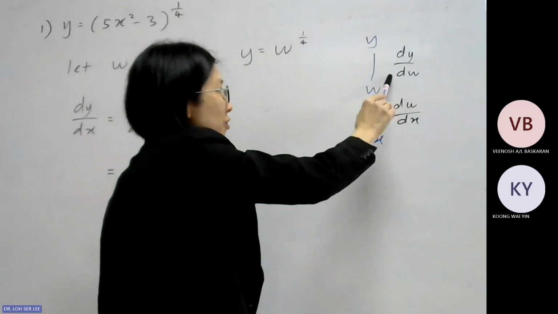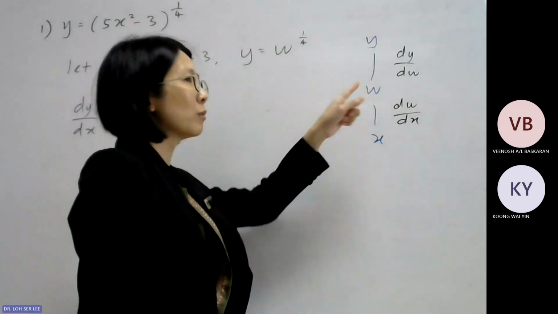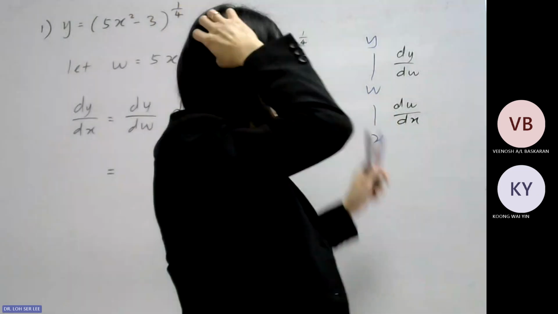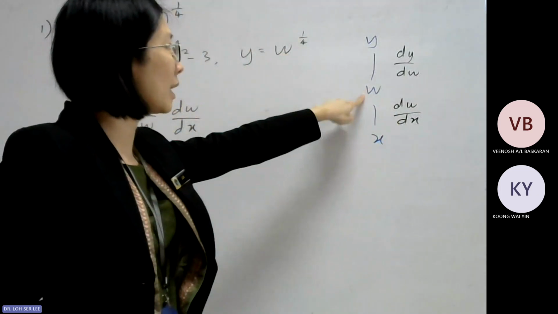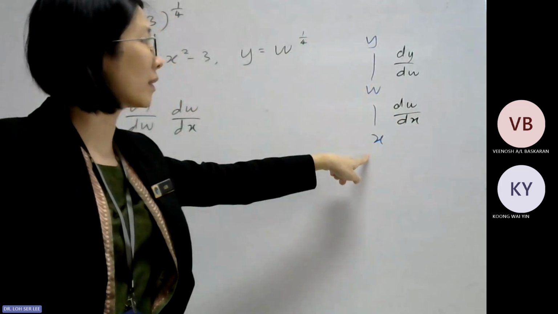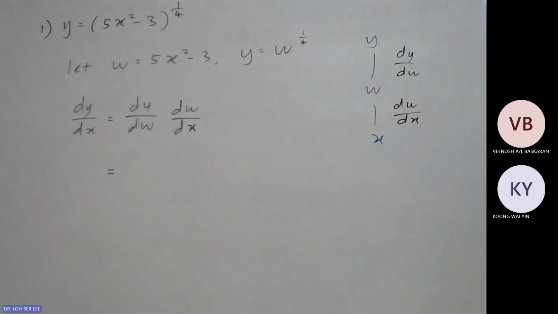That's why we use d only. In EM2, you will see more than one. In EM1, we just have single variable. That's why all is d. When you have more than one, that will be delta, in EM2.